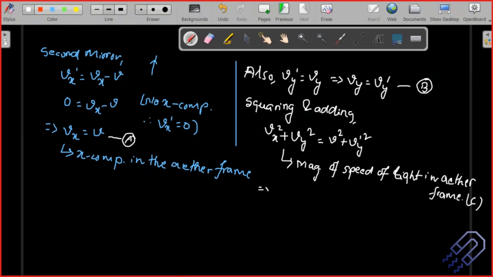That means this can simply be written as c square is equal to v square plus Vy prime square. We can use logic here, but mathematically also this comes out to be something like this. So we have found out a relation here.